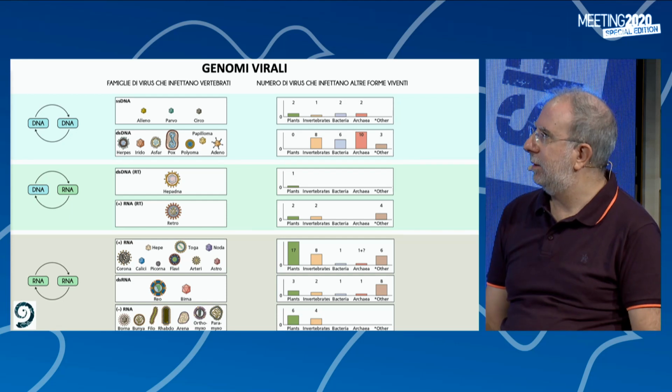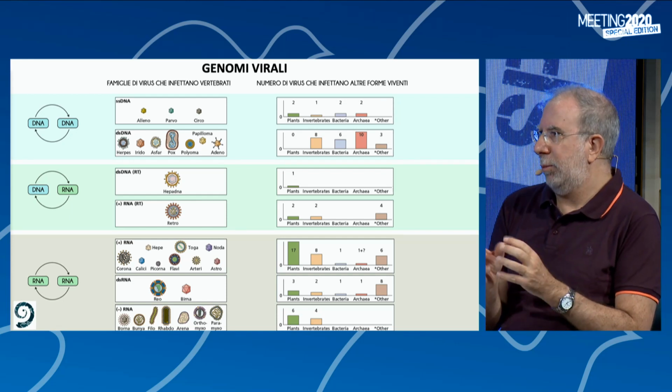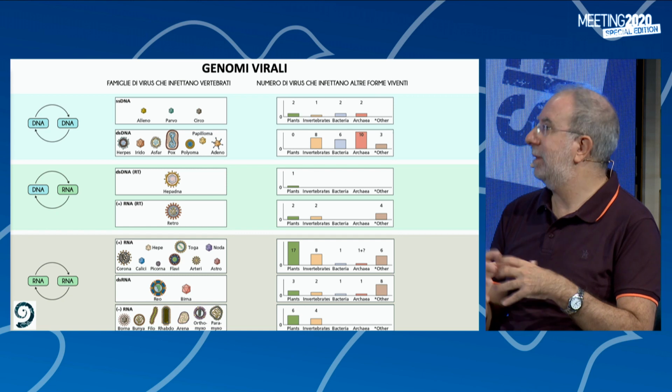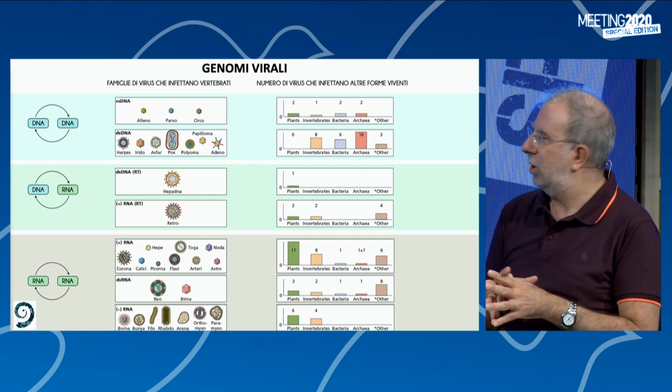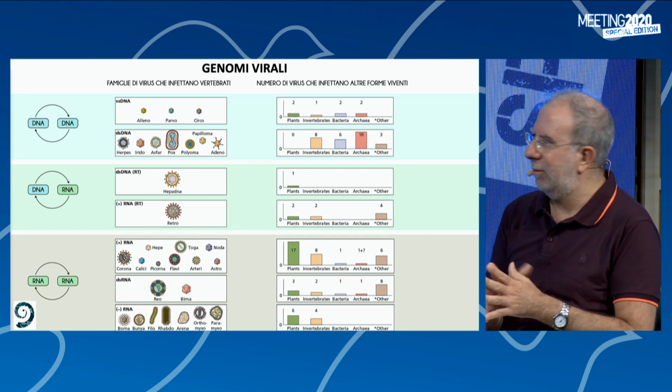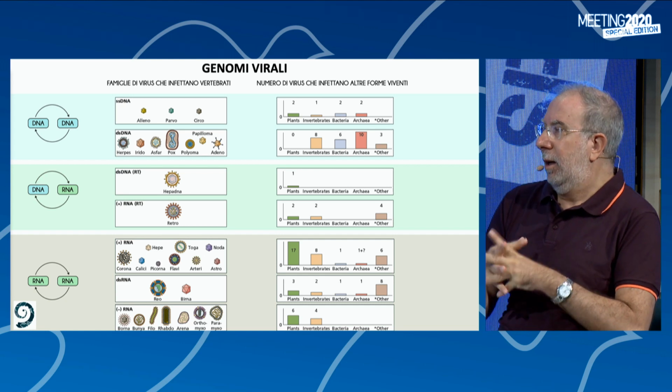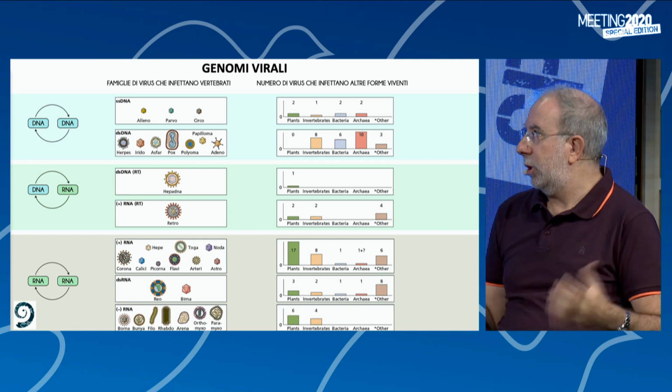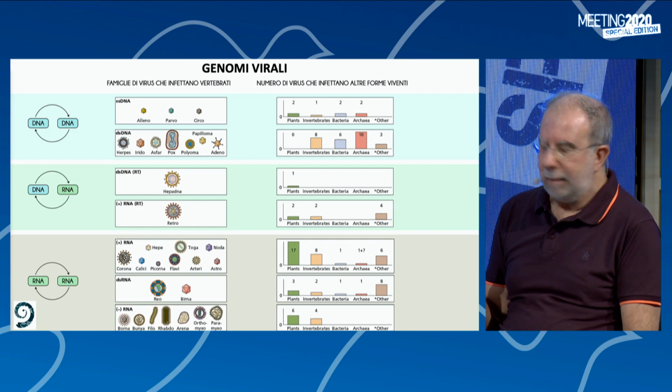So there's a whole variety which you can see in the slide of viral genomes, but usually the genome, especially the RNA virus, which I'll use as an example, is quite simple.